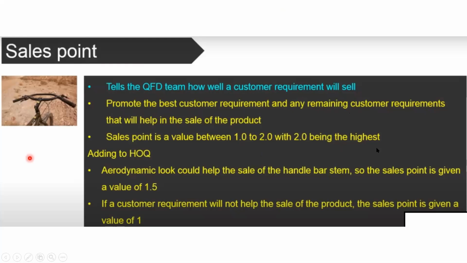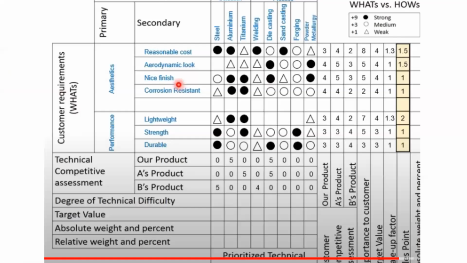Number 2 is the highest. Let's say aerodynamic look could help the sales of the handlebar, so the sales point I put 1.5. If the customer requirement will not help on the sales, the sales point is given a value of 1.